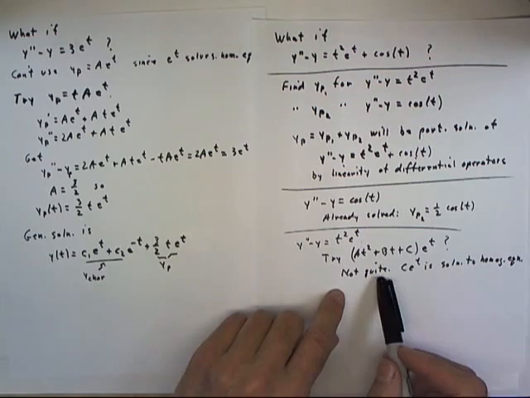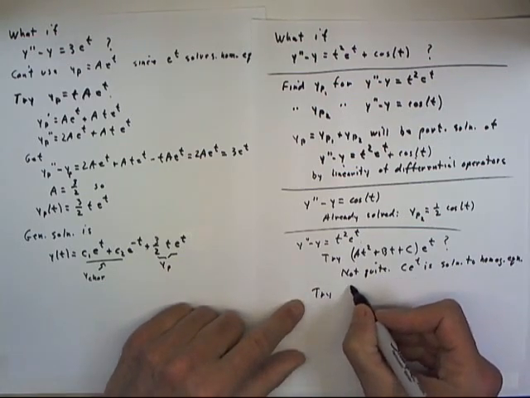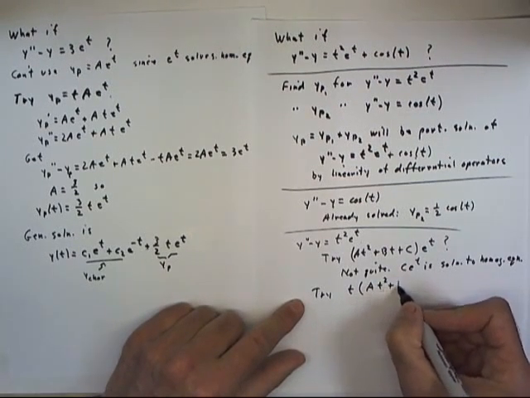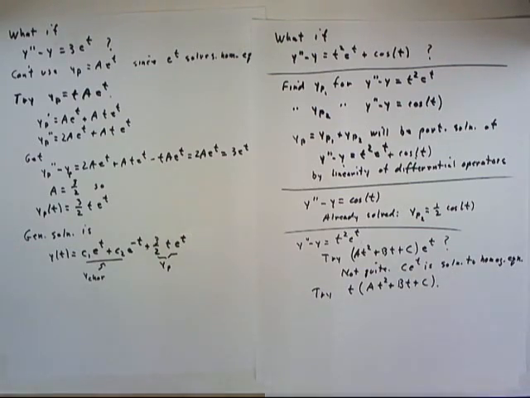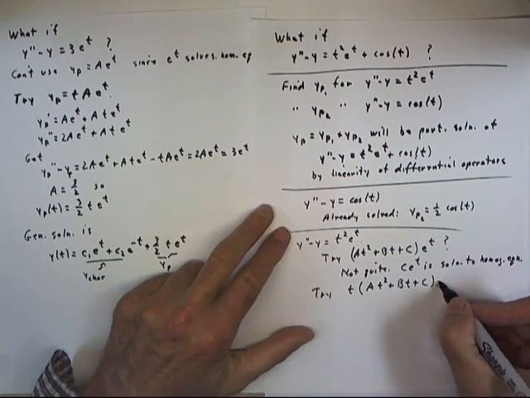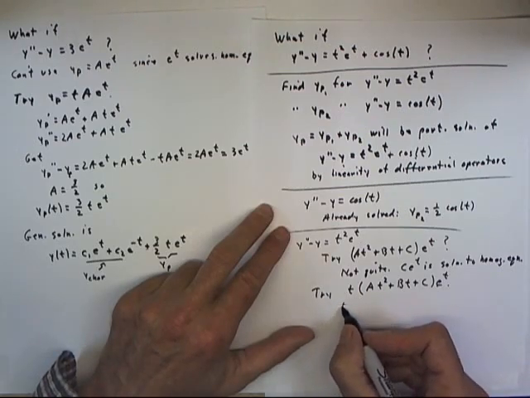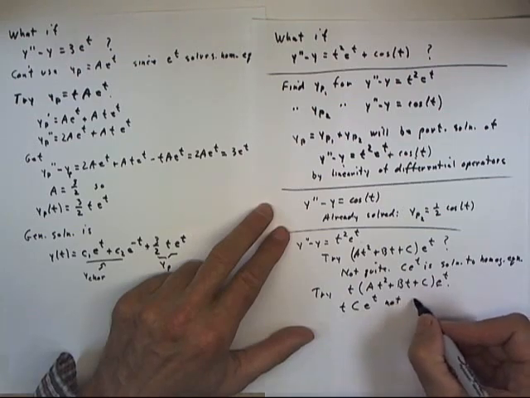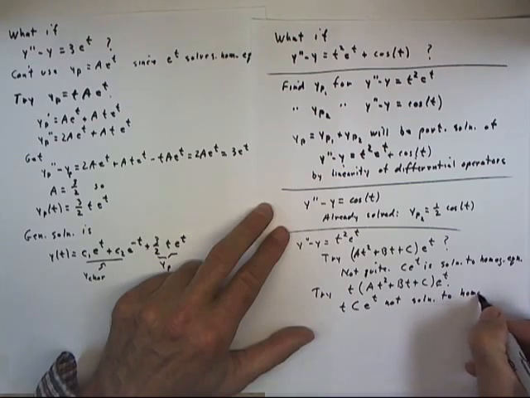We get around this difficulty by trying t times at squared plus bt plus c, that times e to the t. c e to the t is not a solution to the homogeneous equation.